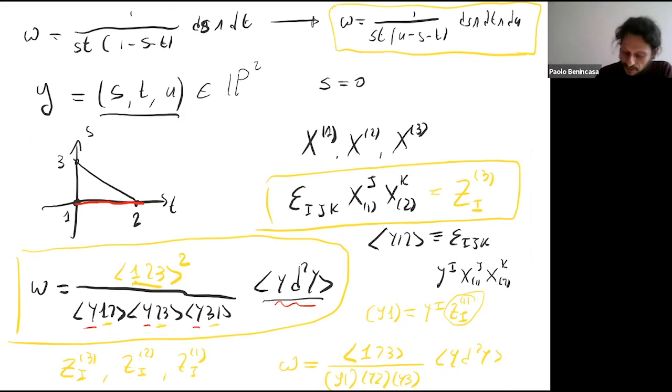And why do I want to write the canonical function in terms of the vertices of the dual polytope?